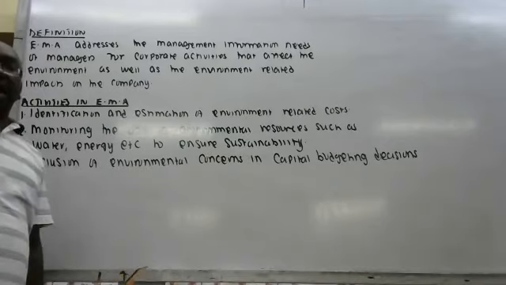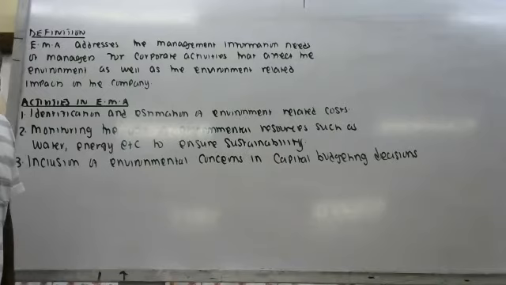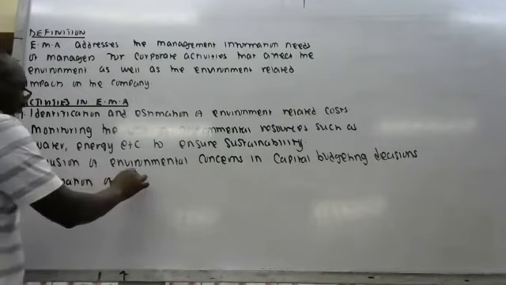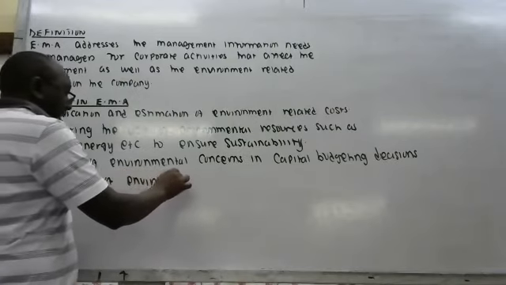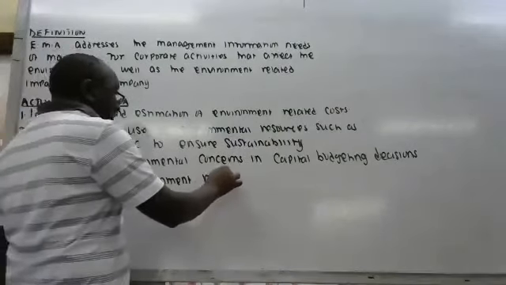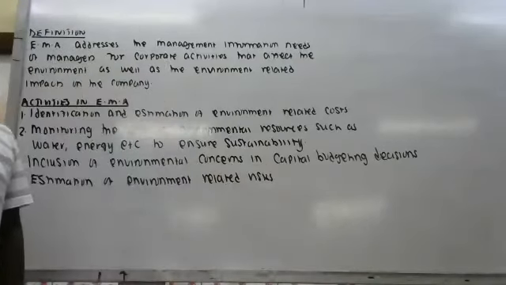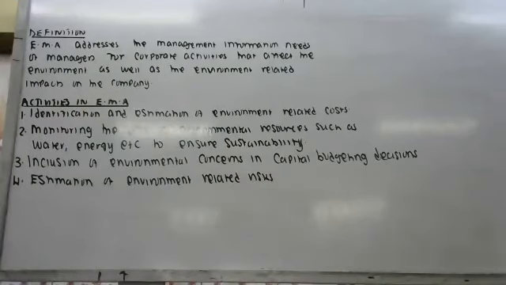When you are deciding to buy a machine, those are capital budgeting decisions. You need to assess that. Another one is estimation of environment related risks. What are the risks that the business faces, courtesy of what is happening in the environment? Those are things that you need to check.